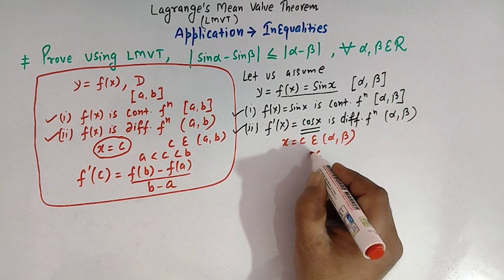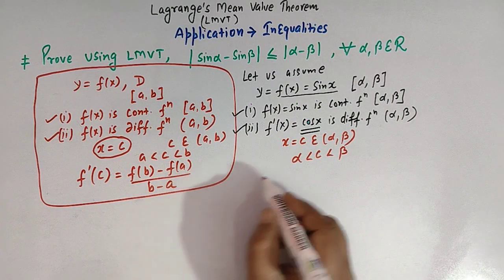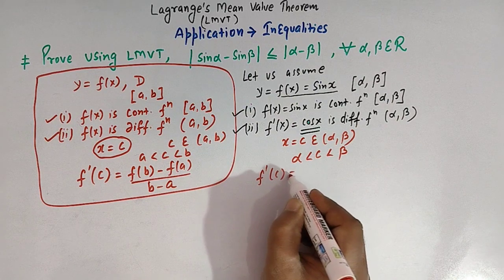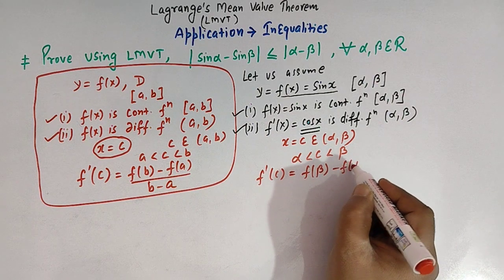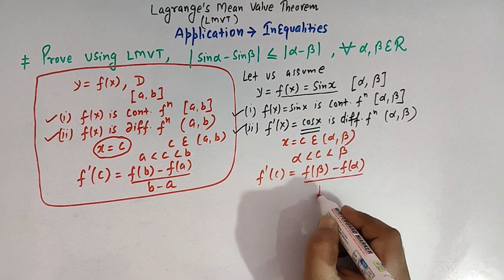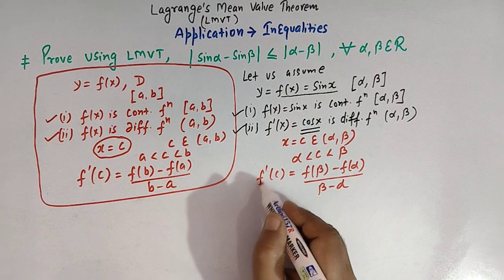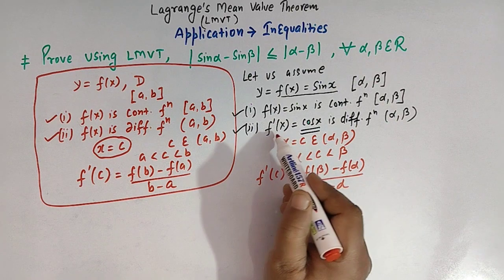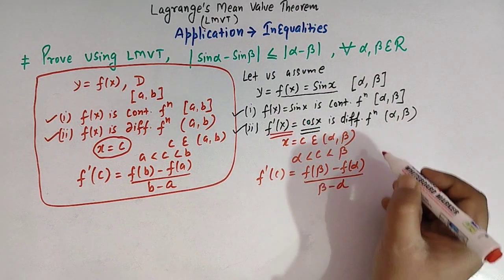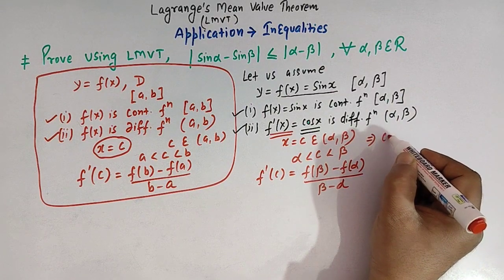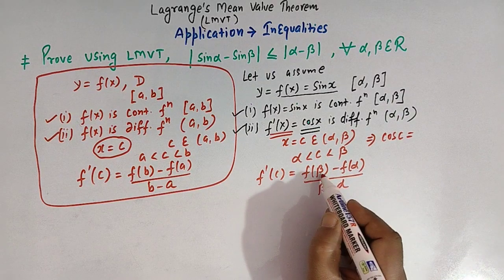Such that c is greater than alpha but less than beta, such that f prime of c is equal to f of beta minus f of alpha divided by beta minus alpha, right? Okay, now f prime of c can be obtained from this expression. So here we'll take x is equal to c. So now we can write cos of c is equal to f of beta.